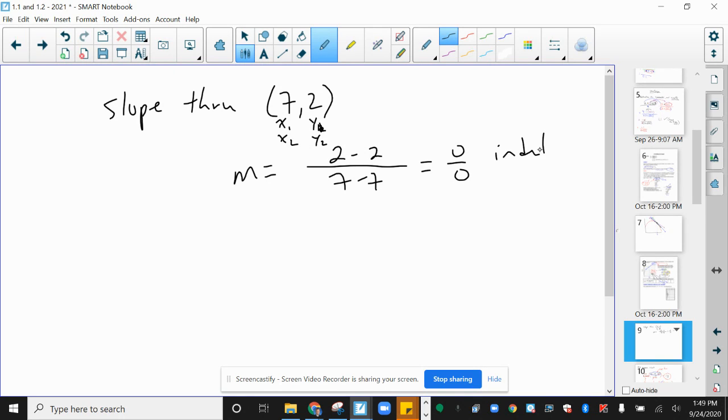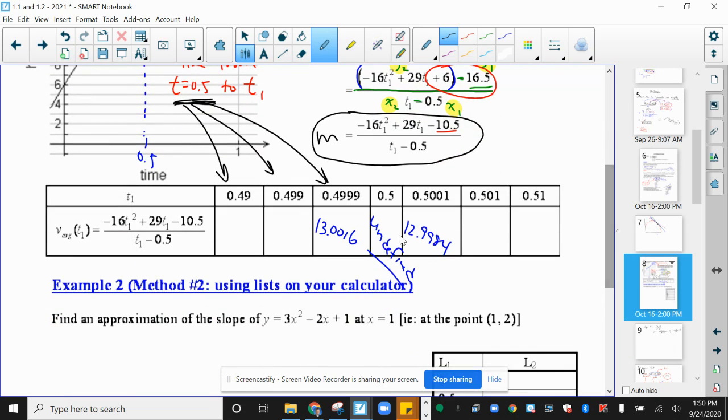I'm getting this indeterminate form. Okay, like you're not getting anything if you just try to get the slope using one point. Okay, so that's what was happening at our 0.5 here.